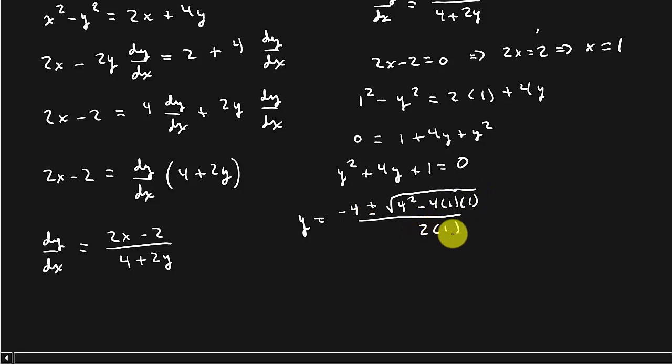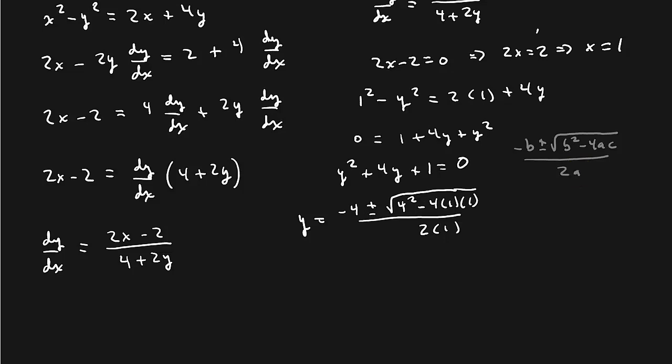Quadratic formula, right? Remember, quadratic formula is, let me write that in a different color, negative b plus or minus the square root of b squared minus 4ac all over 2a. Okay, that's your quadratic formula.